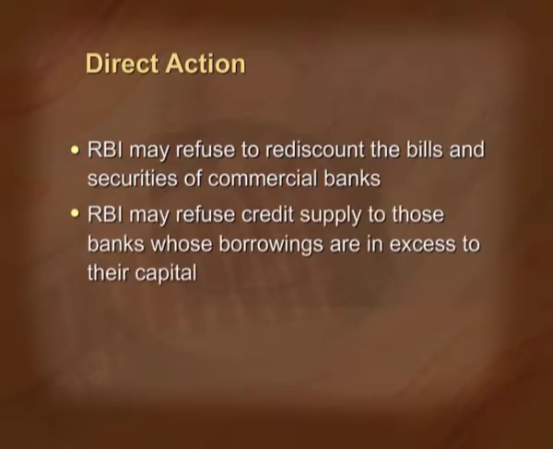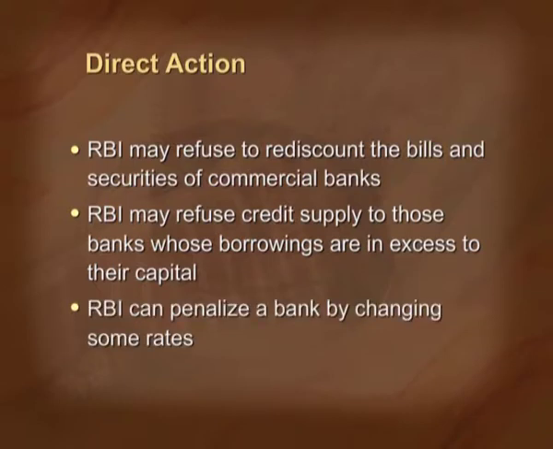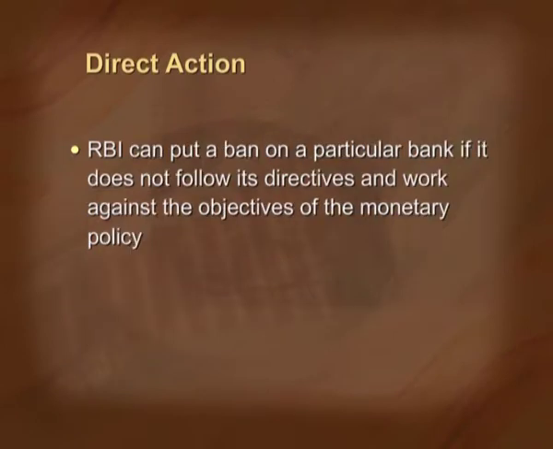Two, the RBI may refuse credit supply to those banks whose borrowings are in excess of their capital. Three, the RBI can penalize a bank by changing certain rates of interest. Four, the RBI can also put a ban on a particular bank if it does not follow its directives and works against the objectives of the monetary policy.